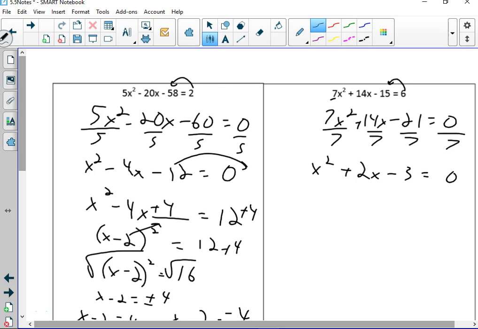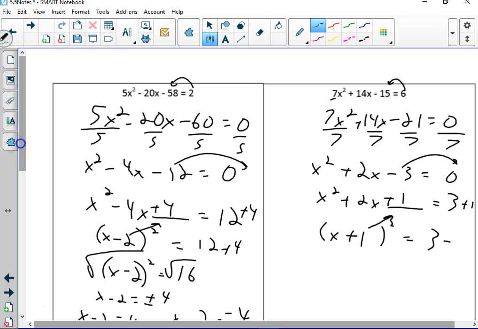And now we're right back to the previous lesson. We're going to move this 3 over here. We're going to leave the space and we're going to draw it. We're going to do our little trick. Half of 2 is 1. We come by here. 1 squared is easily just 1. So we're going to plus 1, plus 1.